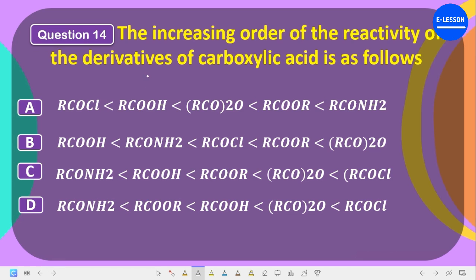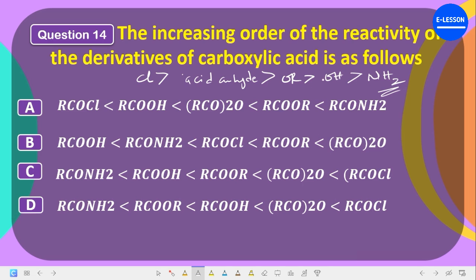In order of leaving group ability, Cl is greater than the acid anhydride, which is greater than the OR of the ester, which is greater than the OH of the acid, and greater than the NH2 of the amine. So the Cl group leaves faster compared to the acid anhydride, the OR of the ester, the OH of the acid, and NH2.